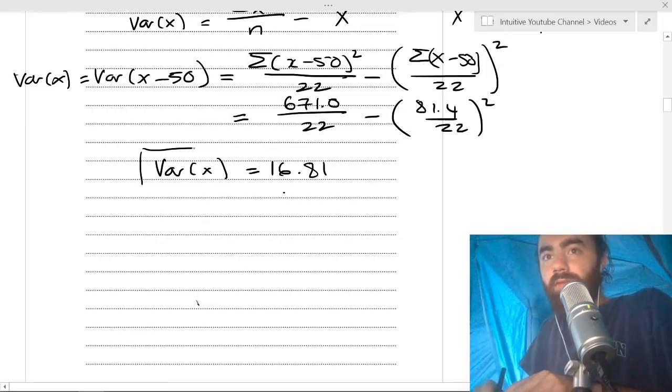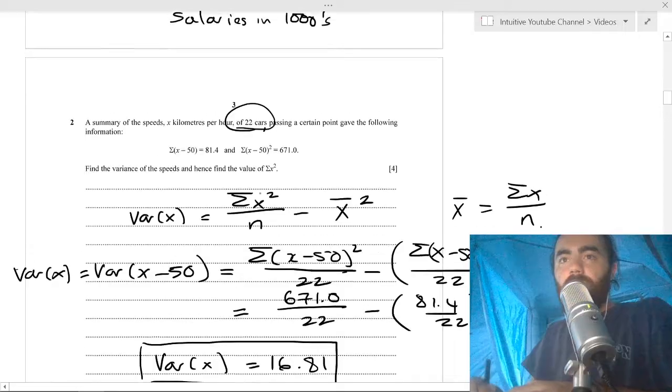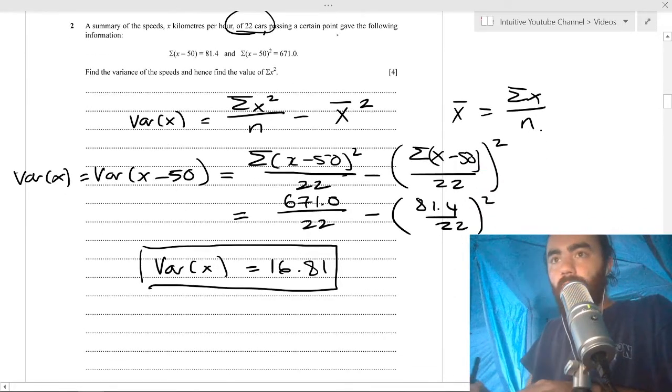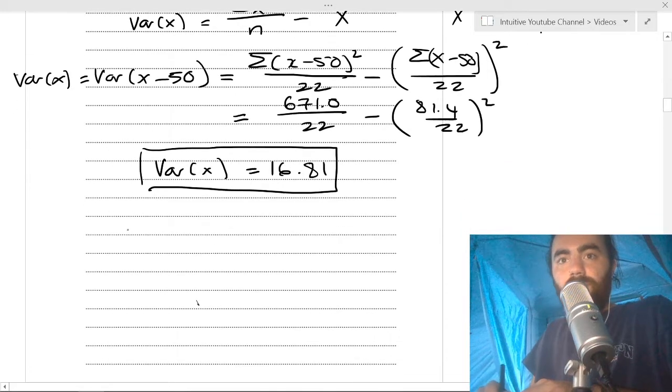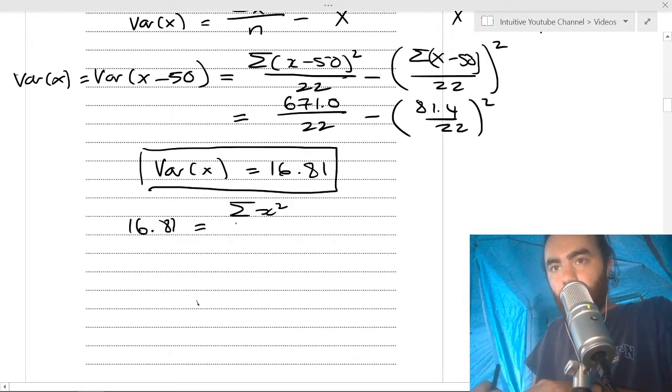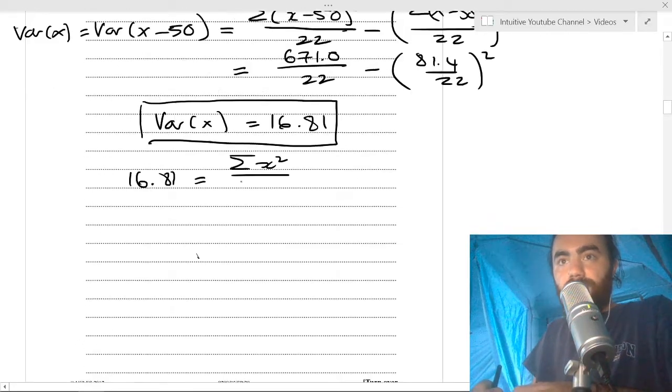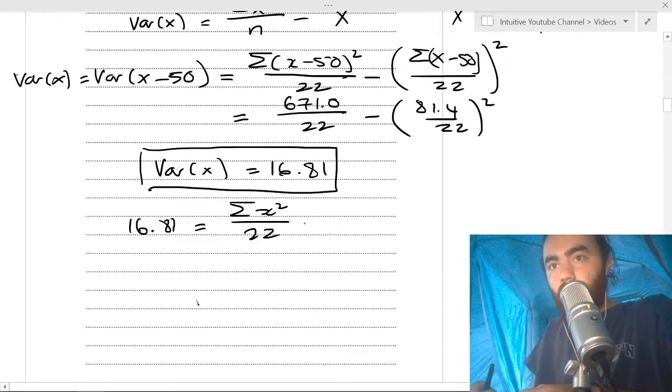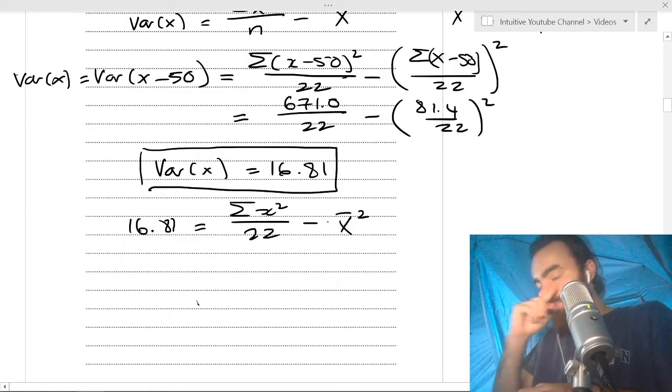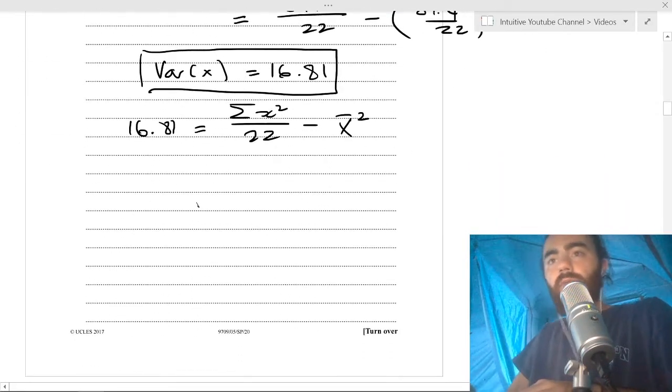Cool, so we found the variance of x, and now it wants us to find the sum of these x squareds. Well, we know that the variance of x equals this, so we can say that 16.81 equals the sum of x squared over n, which is 22, minus the mean of x squared. So if we were to find the mean of x, we could then find this value here.